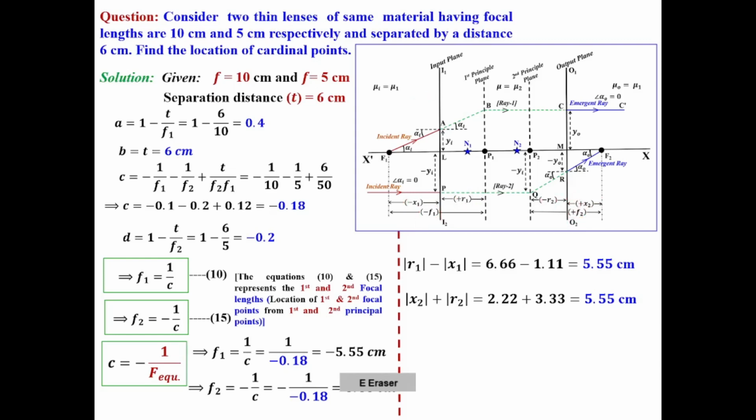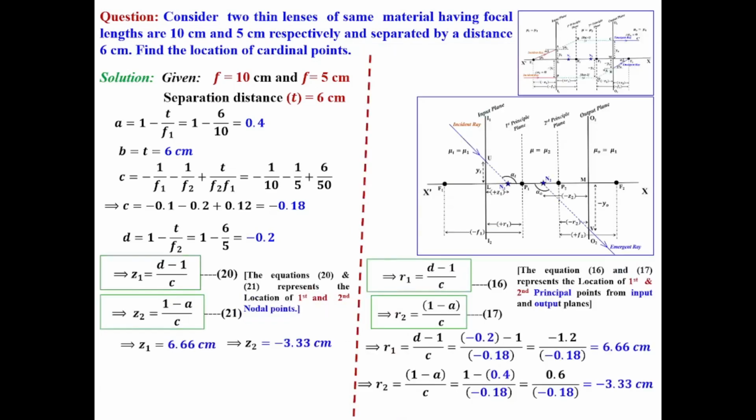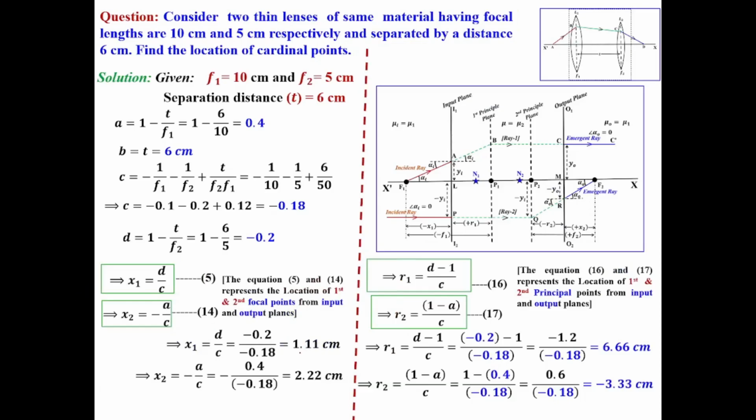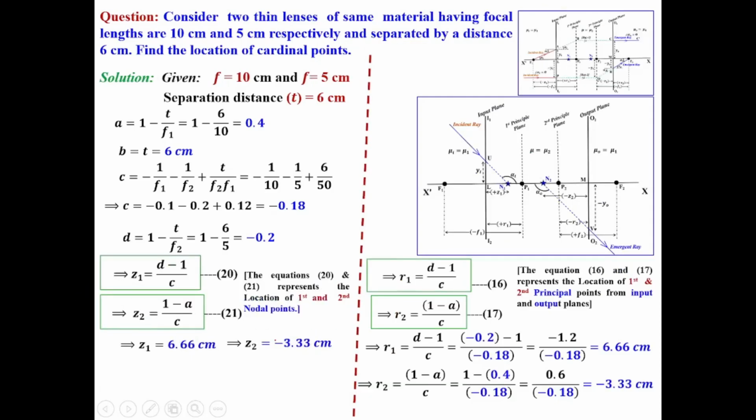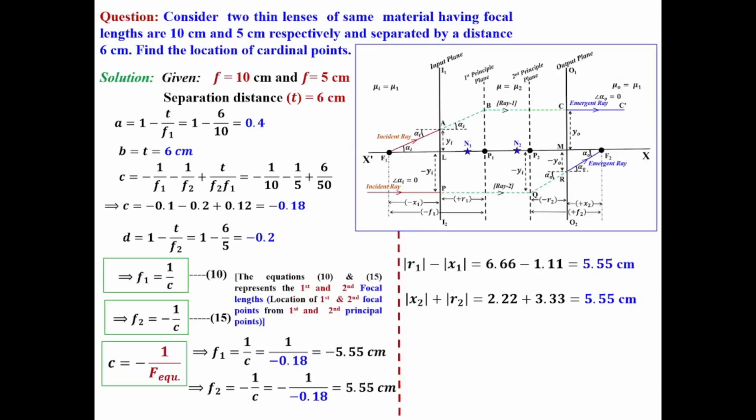Now in this particular question, we found the x1 value is 1.11 positive. That means this x1 is present to the right of the input plane. Somewhere here x1 is present, this one. That means the first focal point will be here from the input plane.